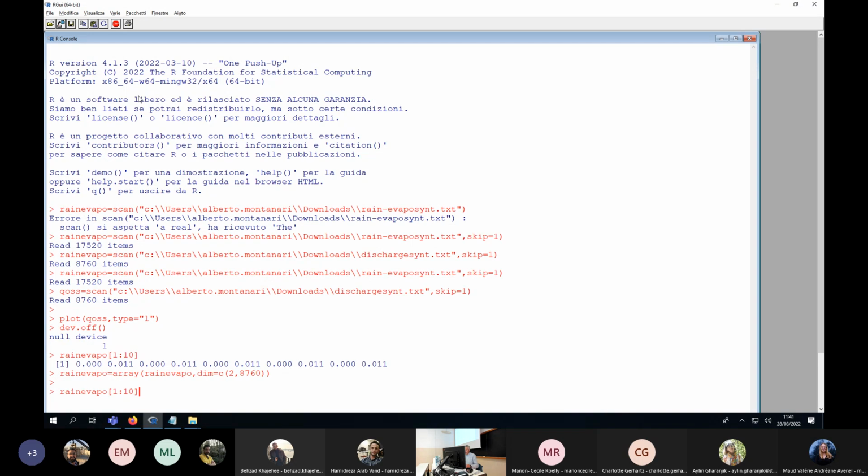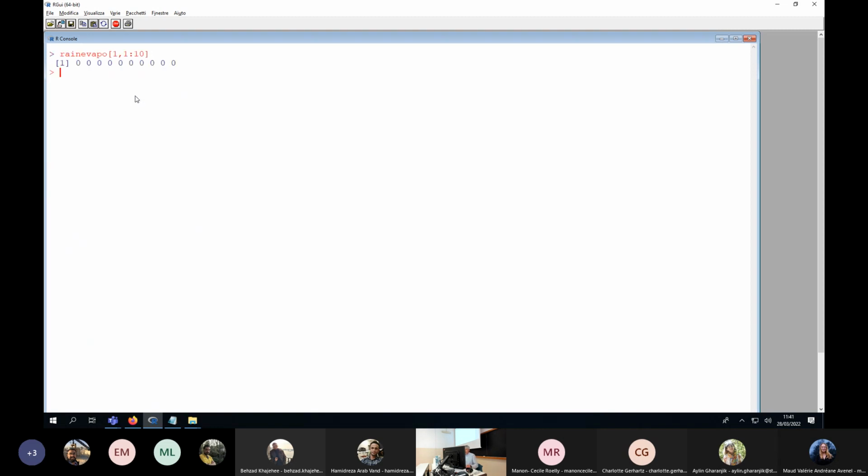Now, if I again want to see rain evapo, now I have to give in between square parentheses the size of a matrix, not a vector anymore. And you see that if I give to the program the instruction to plot the first column and the first 10 lines, I get 10 rainfall data.